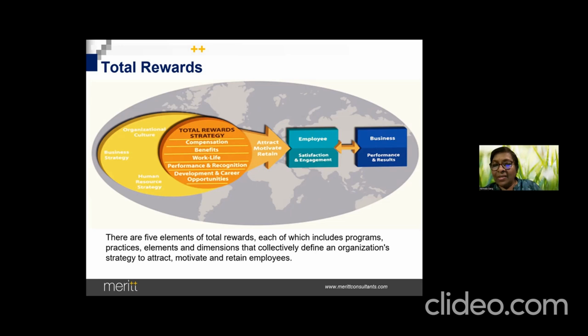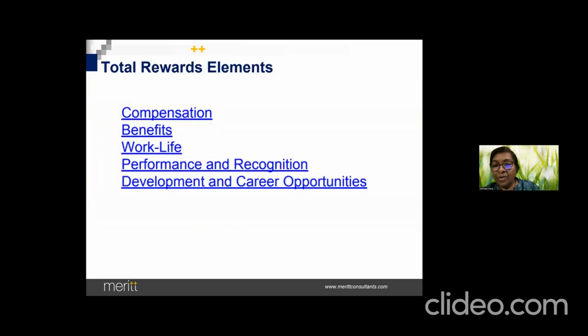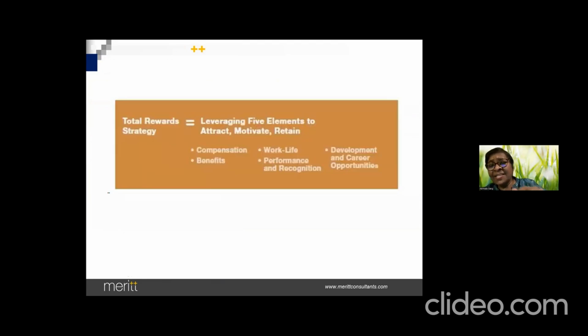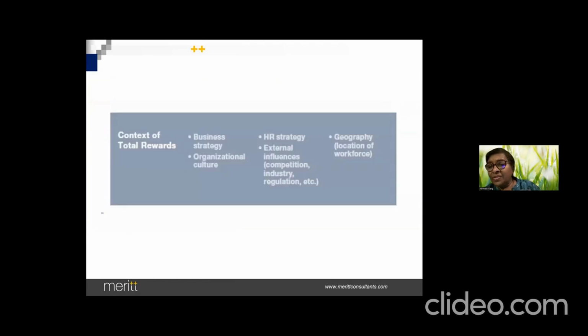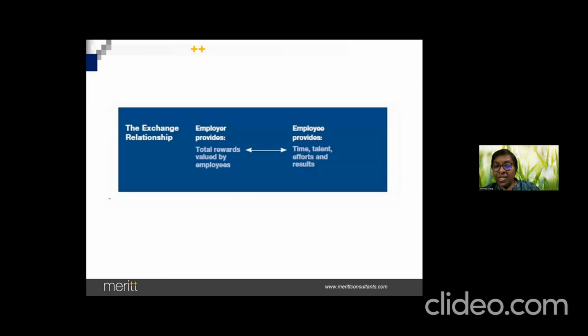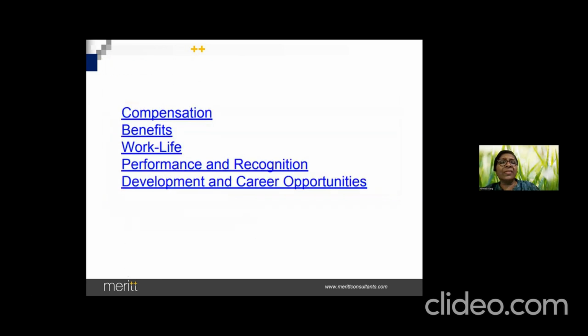The total reward strategy is nothing but having all these 5 elements. And as I said, they're in the context of the culture, in the context of your business strategy. If you see in this model, just look at this model.